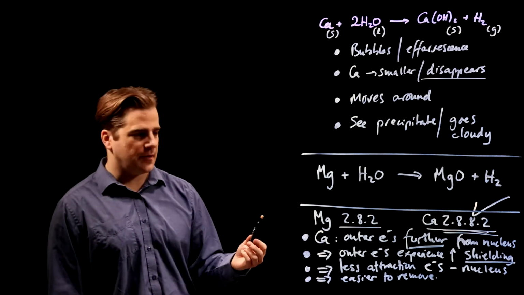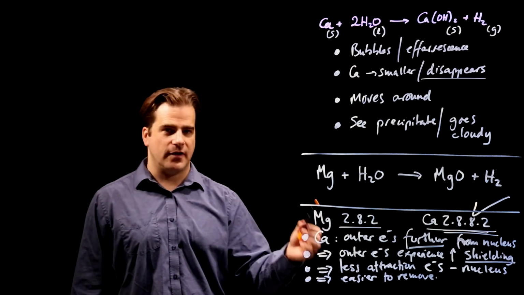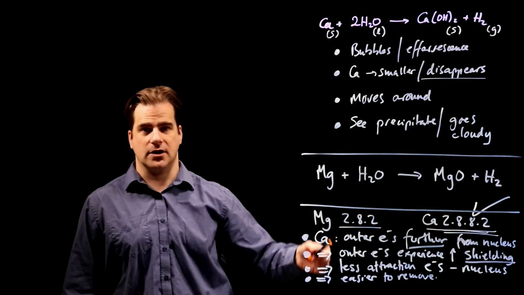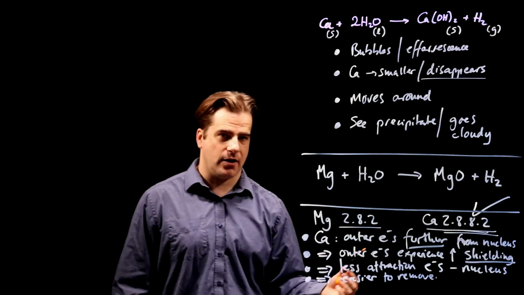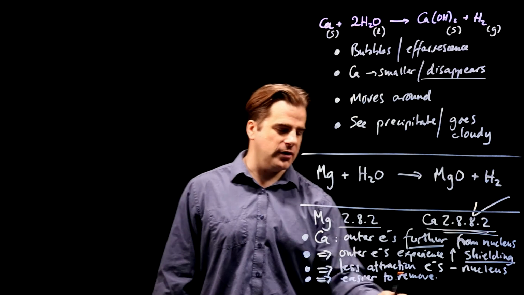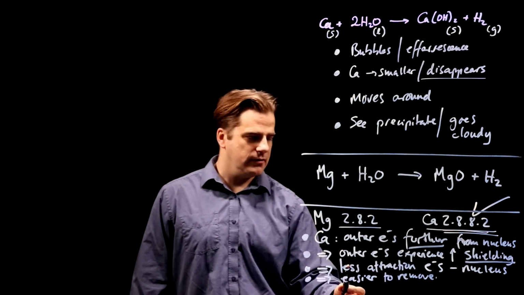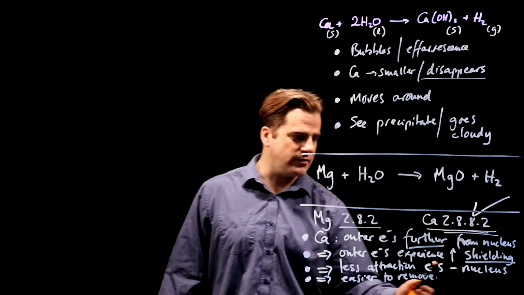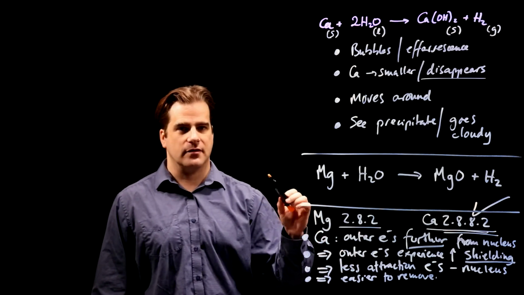I'll just quickly say something about that. Like I say, it's better to say this, therefore this, therefore this, therefore this, because you can keep writing and it forms a nice logical chain, and the word therefore doesn't break it up. But if you say because, for example, if you start with the conclusion that the outer electrons are easier to remove because there's less attraction between the outer electrons and the nucleus, that statement in itself is correct.